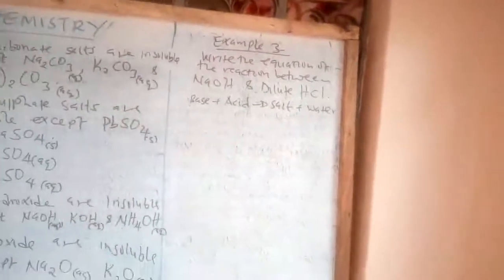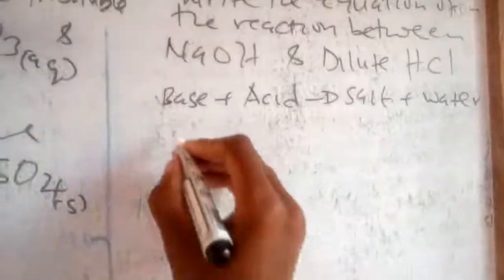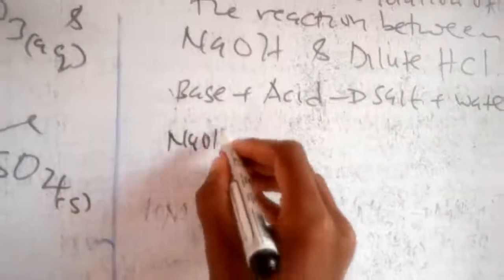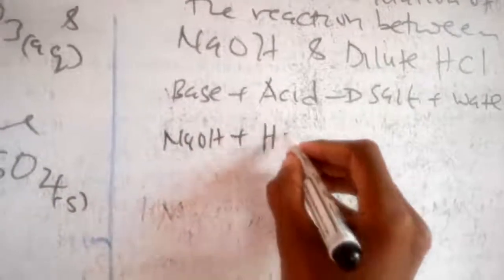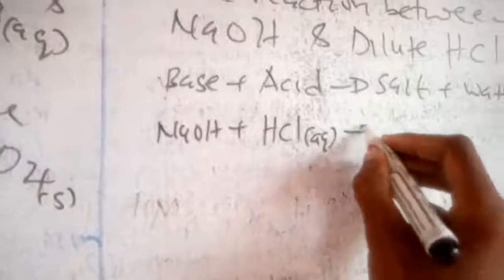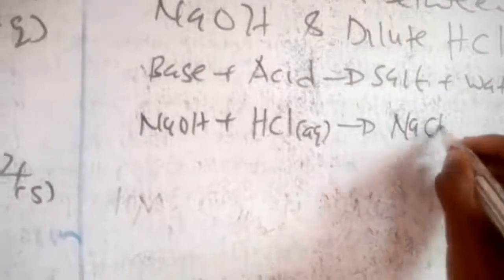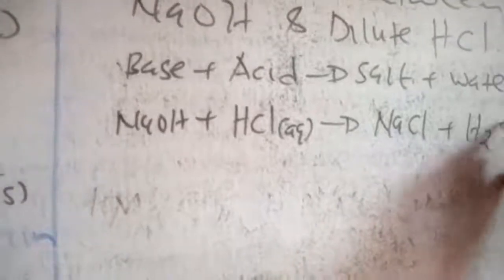This type of reaction is what we refer to as neutralization. The base in this case is sodium hydroxide, and you add it to dilute hydrochloric acid, and you are supposed to get salt by the name sodium chloride plus water molecule.